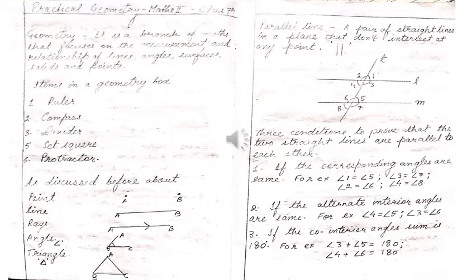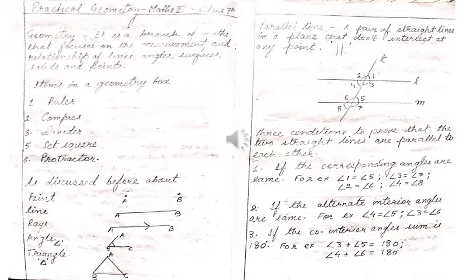Clear? Now about line. When two points meet, it forms a line. Here it is AB. Now about rays. A ray gives direction to a line. Angle. When two lines meet and share a common vertex, it is called an angle.